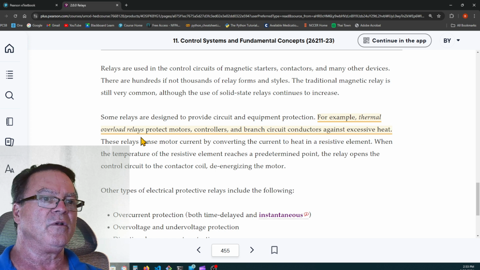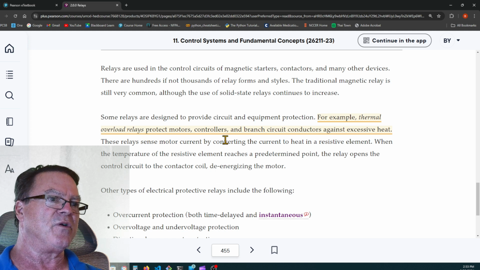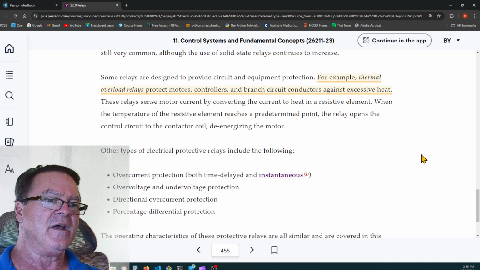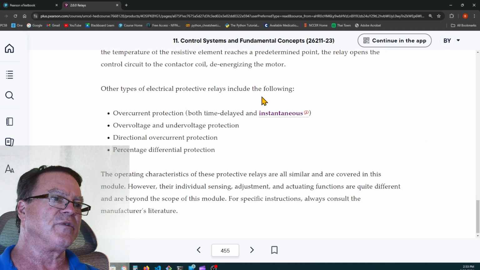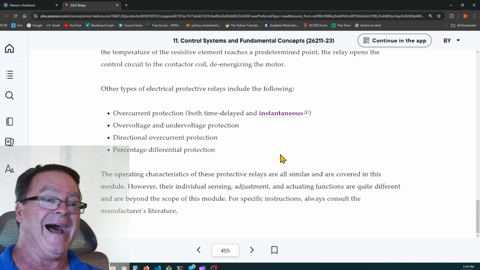For example, thermal overload relays protect motors, controllers, and branch circuit conductors against excessive heat. Other types of electrical protective relays include overcurrent protection, both time delay and instantaneous, overvoltage and undervoltage protection, directional overcurrent protection, and percentage directional differential protection.